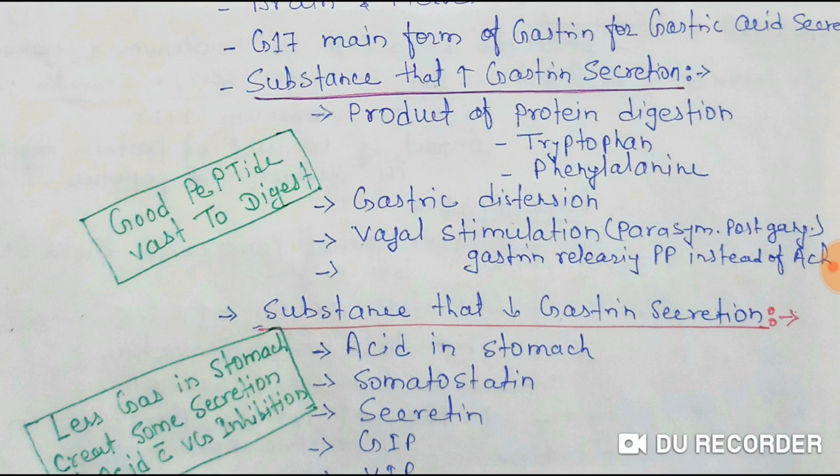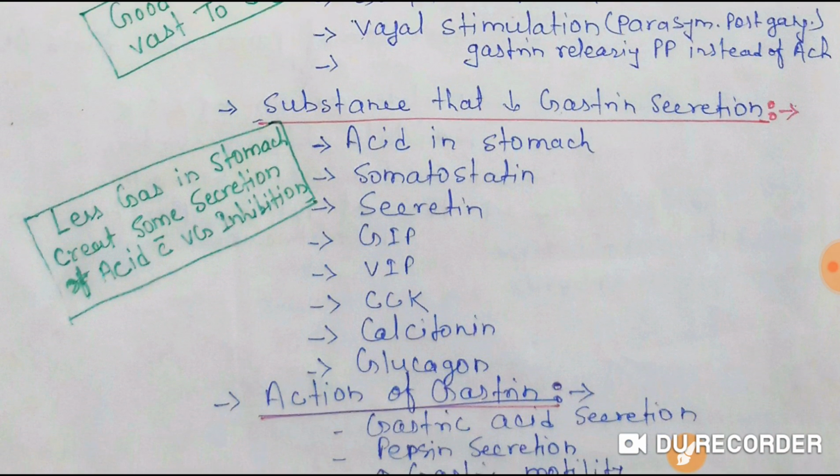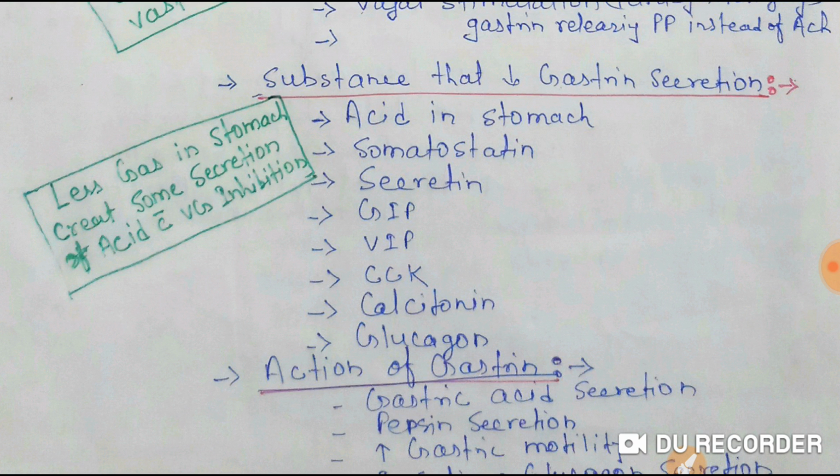Next are the substances that decrease gastrin secretion. This includes acid in the stomach and somatostatin, already named as statin, which means static, that stops gastrin secretion.